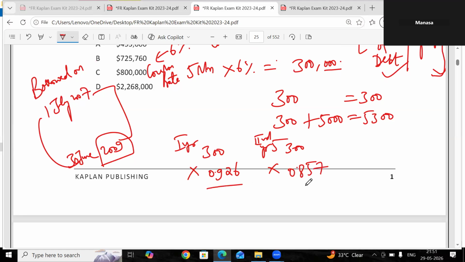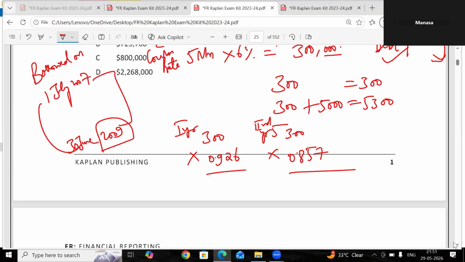Just multiply until this and add them. We get the present value.